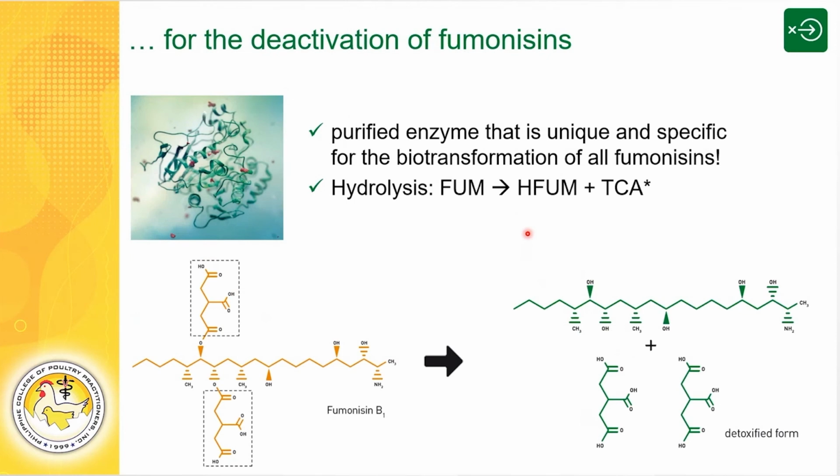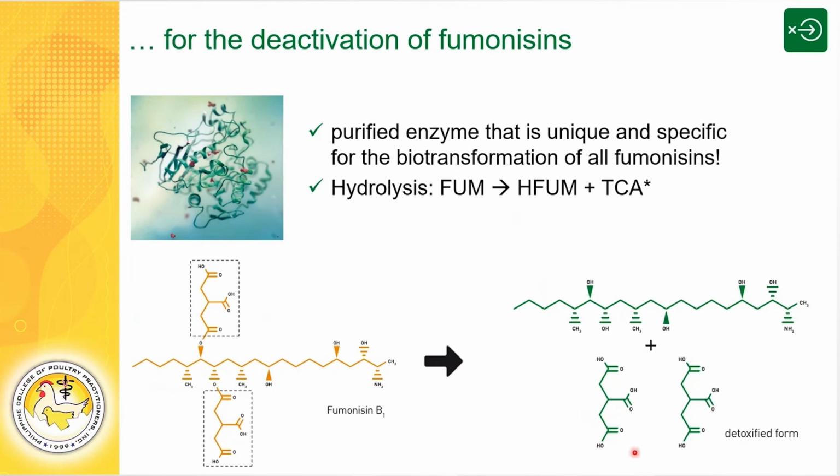Another purified enzyme that we have in the product formulation is Fumzyme. Fumzyme is specifically designed to tackle fumonisins, mycotoxins that come with corn and can be particularly harmful for poultry gut health, especially when co-occurring with trichothecenes and aflatoxins. Fumzyme works by cutting away the wings of the fumonisin molecule, yielding the detoxified form.